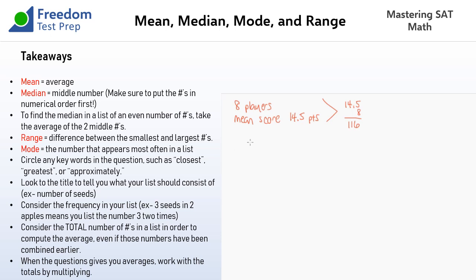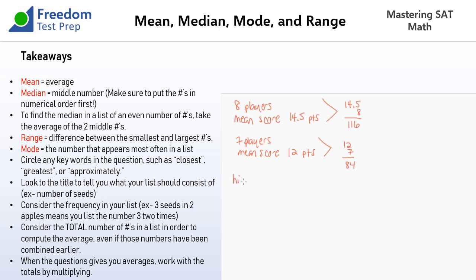Okay, now we're going to continue reading the question. If the highest individual score is removed, the mean score of the remaining 7 players, so I write 7 players, and the mean score is 12 points. So we're going to do exactly the same thing here. We're going to take 12 points and multiply it by the number of players, and we've got 84. And they're asking us for the highest score, right?